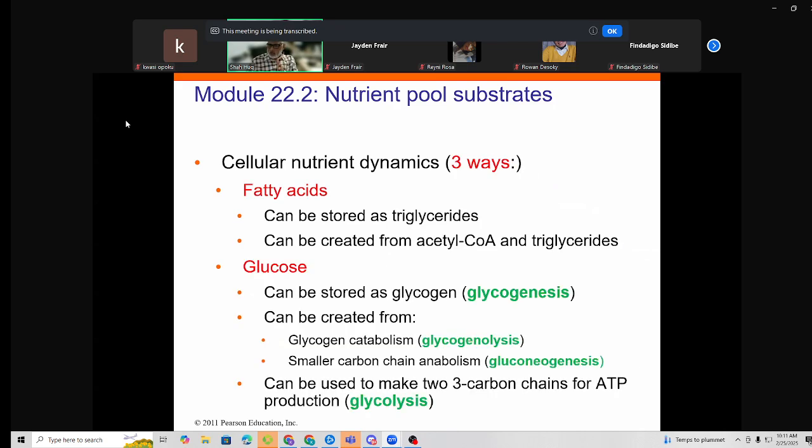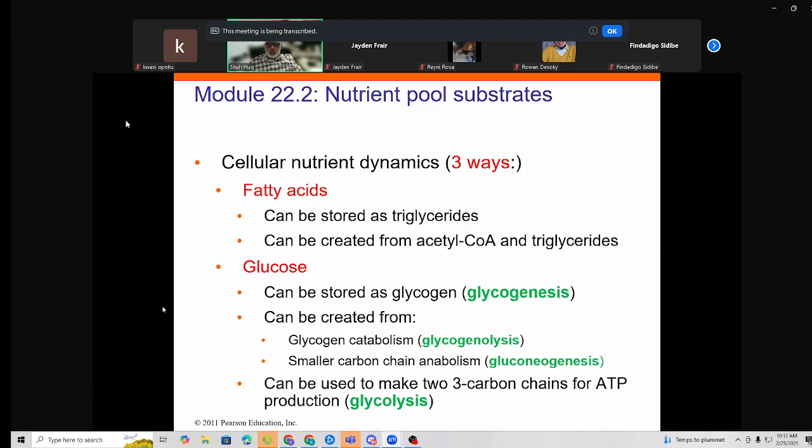One is the glucose first. Glucose is synthesized, glucose is used for the energy, and glucose is also being broken down. So glucose, I am coming back to the fatty acid after I finish it.